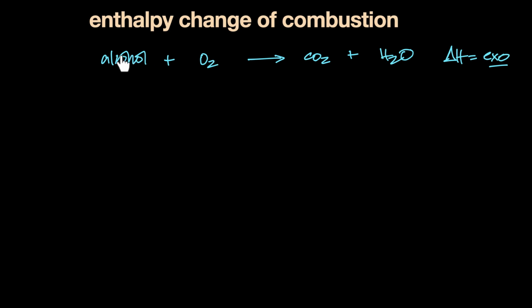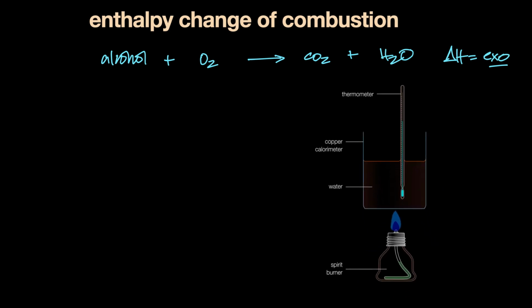Here there is no water in the reactants, and this is not the water I'm talking about, this is just steam. So what we do is we react the alcohol and oxygen, and then the heat they produce, the flame they produce, is used to heat water in a setup that looks like this.